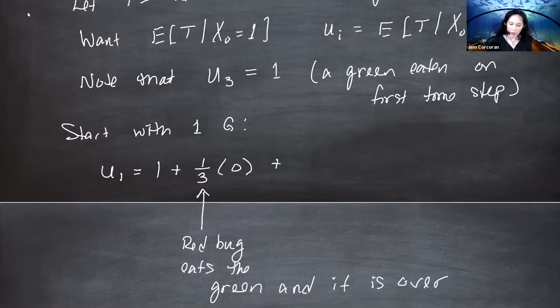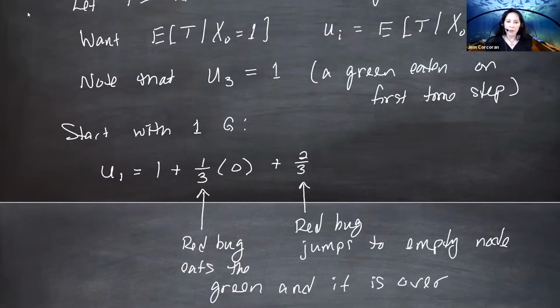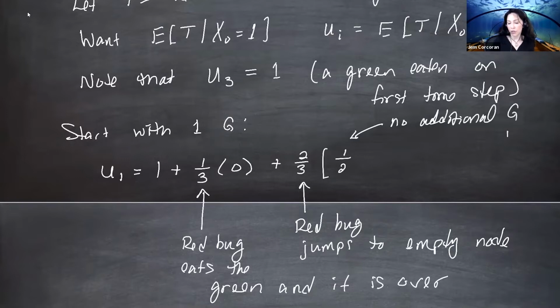And then with probability 2/3, that means the red bug jumps to an empty node. And then we have to figure out what happens from there. So with probability 1/2, after the jump, we make a decision about whether a green bug joins. With probability 1/2, no additional green joins. And then we just want to count the number of time steps starting with 1 green bug.